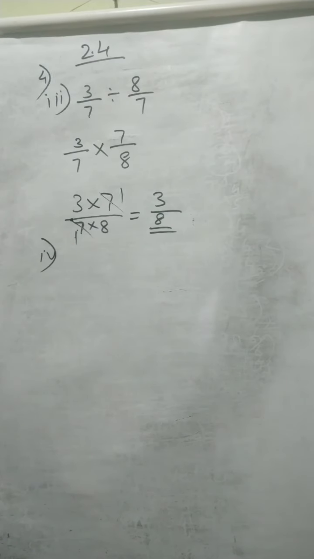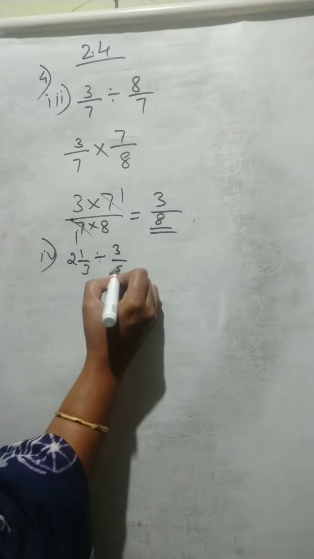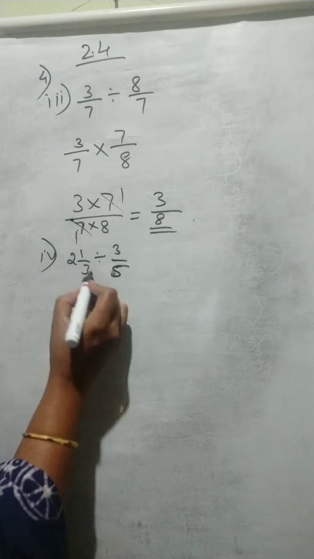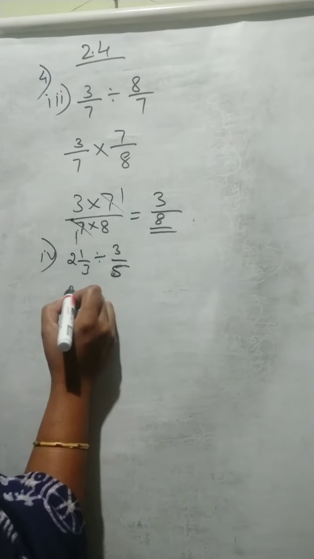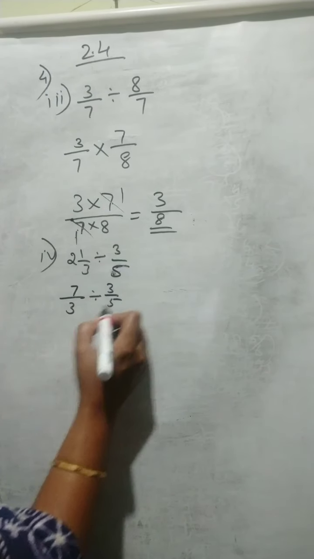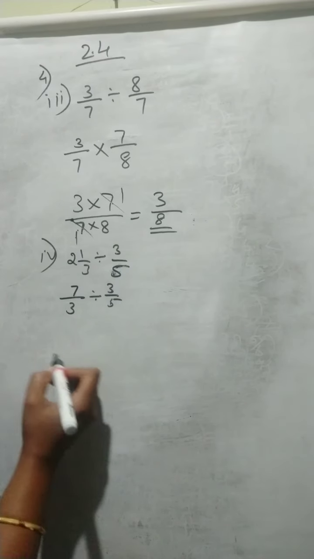Then fourth one is 2, 1 on 3 divided by 3 on 5. So first we have to convert this into an improper fraction. 2 3s are 6. 6 plus 1, 7. 7 on 3 divided by 3 on 5 itself. Then multiply with the reciprocal of the divisor. Here 3 on 5 is the divisor.